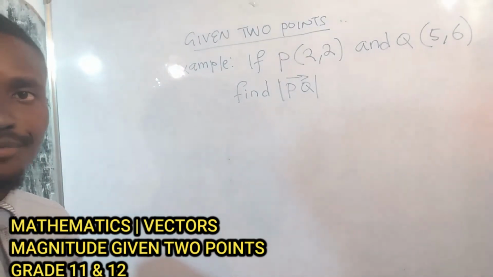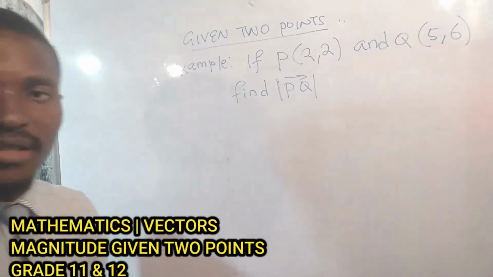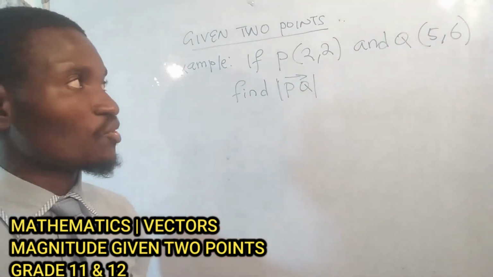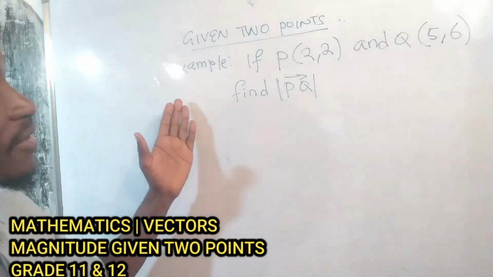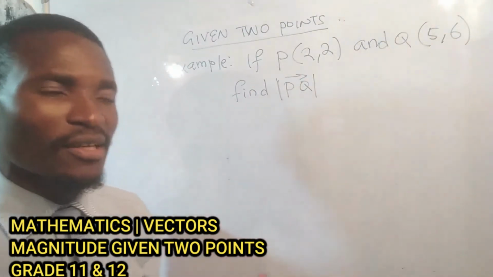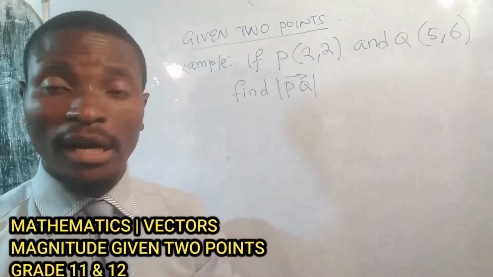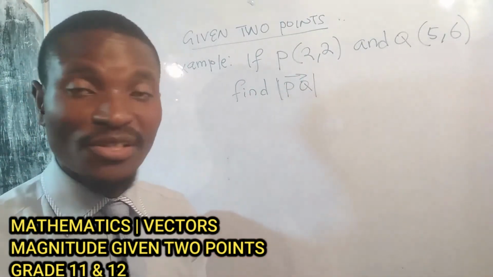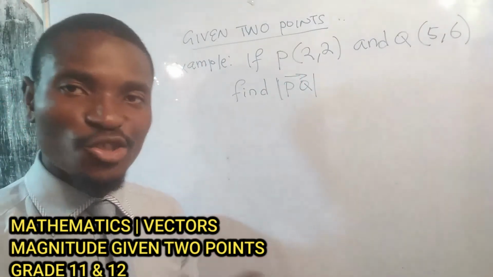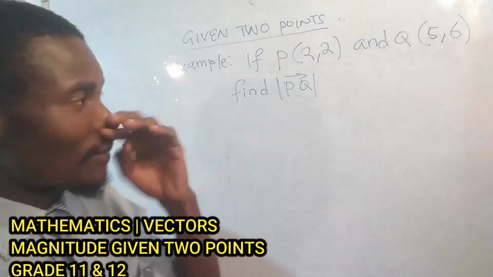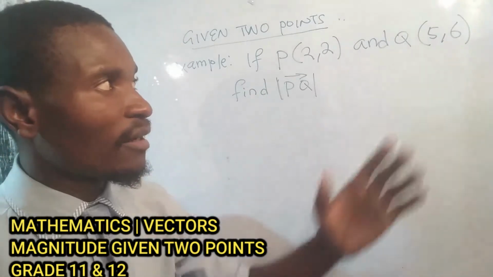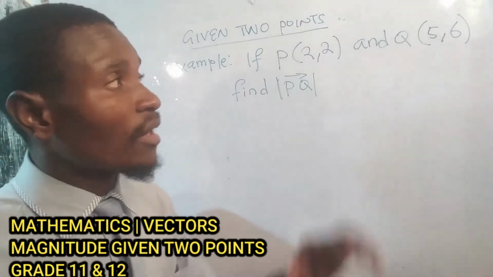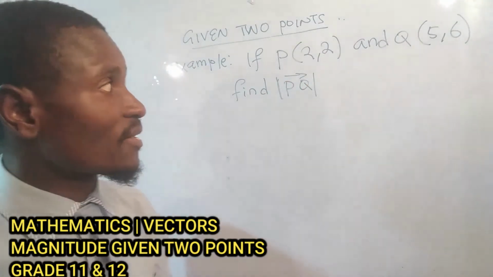Okay, so given two points, how do we find the modulus? How do we find the magnitude of two vectors? We're saying that P is a point on the graph paper. Most of you have done this, where you put a coordinate on the graph paper and join the two numbers, and then you also have another point on the graph paper, which is Q, in brackets 5, 6.